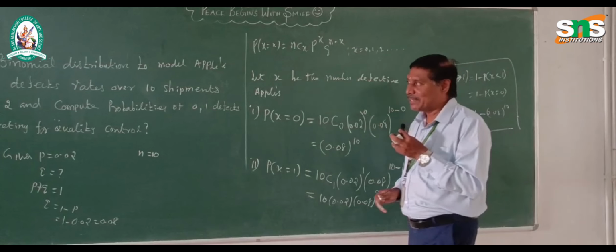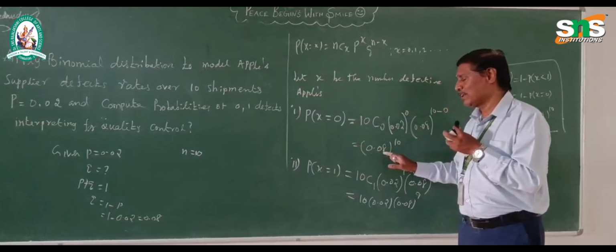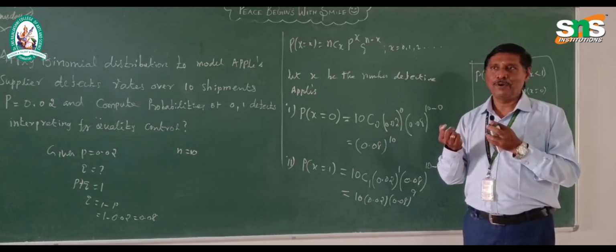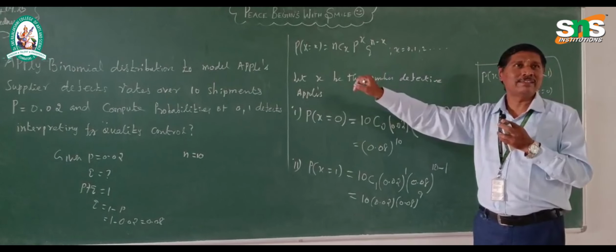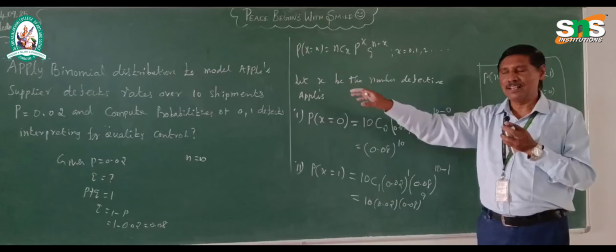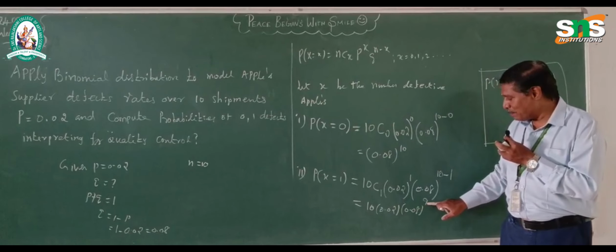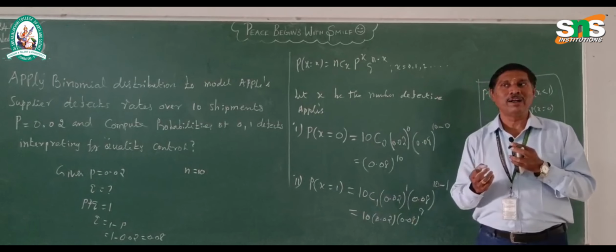So finally, interpreting the quality control. For 0 defective, 0.98 power 10, it is a high value. Therefore, out of the 10 segments, 0 defective has a good probability. But here, 10 into 0.02 and 0.98 power 9, you multiply this and again multiply by 10, we get some value.